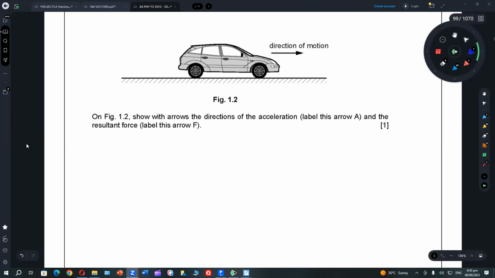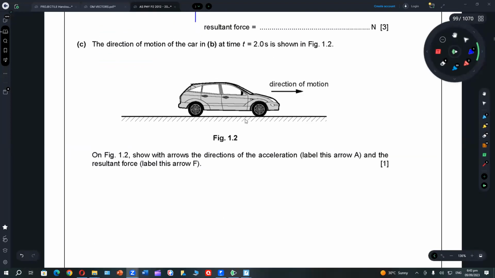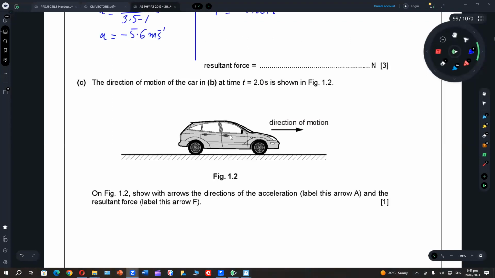Forward, sir. When the car is applying the brakes, then the force is backward. Yes, the force is backward. When the car is applying the brakes, the arrows should be backward.